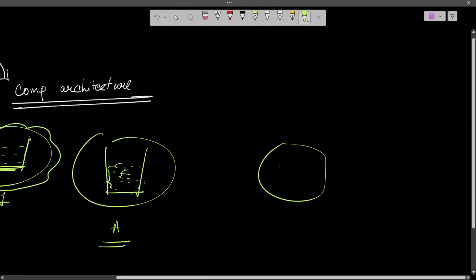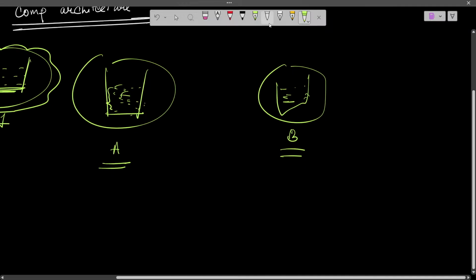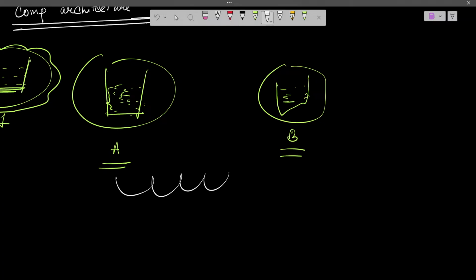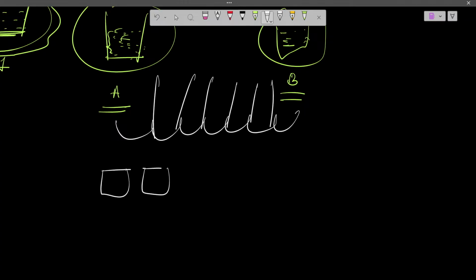So if a single person is trying to deliver it, he will just go from here to here to here, and then move to point B. But let's say we have a chain of persons, here one person, here second, here third, here fourth, and here fifth.